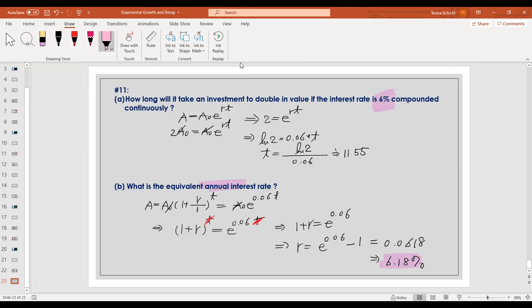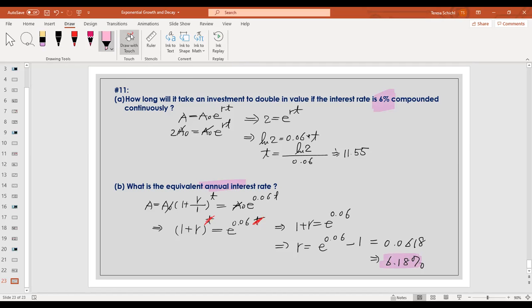So they give you 6% compounding continuously. That makes sense, because we know if you compound more times, you get more money. The 6% continuously is equivalent to compounding once at 6.18%.